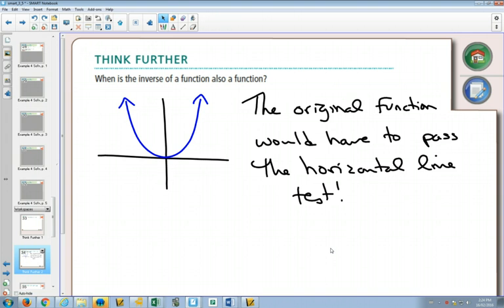All right, questions for this one are 5 and 6.